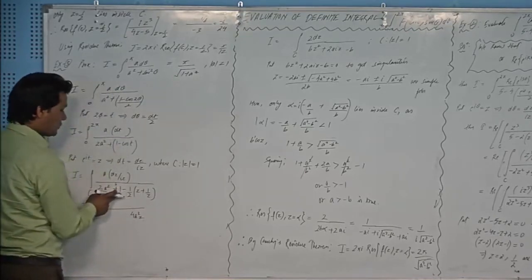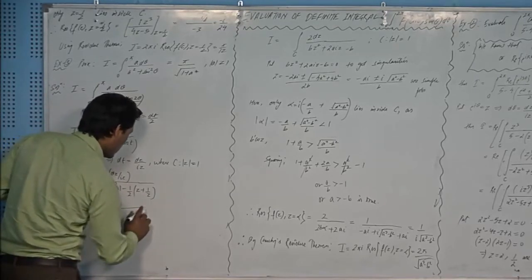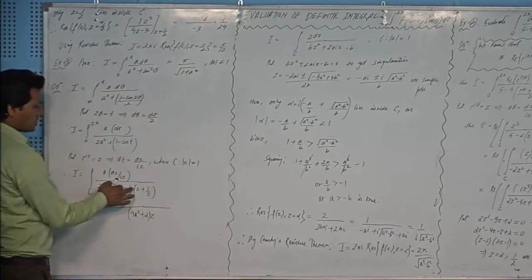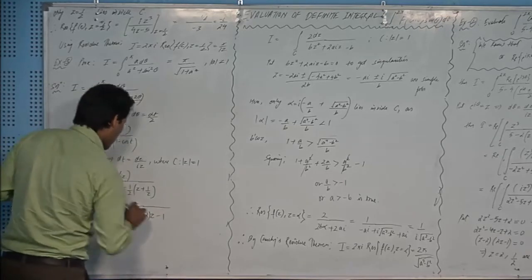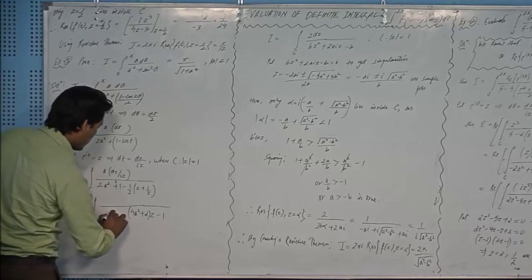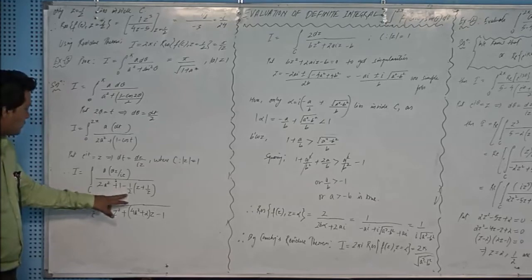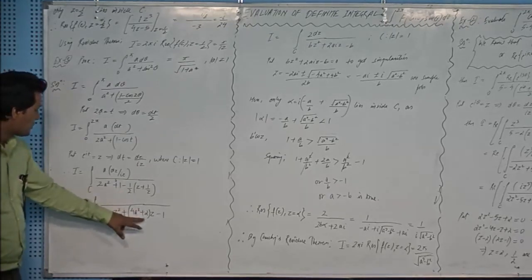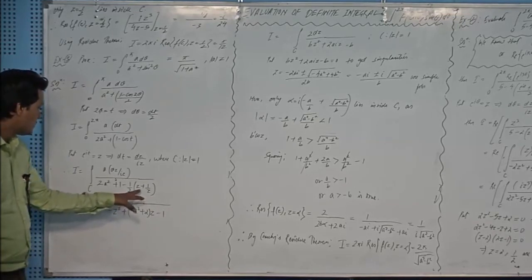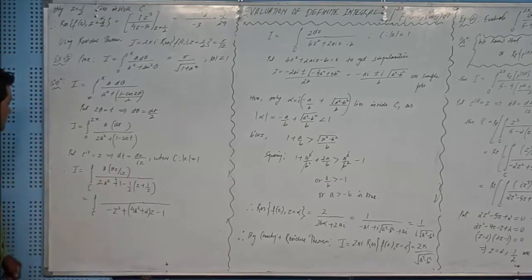This will become 2z, okay, 2z, and it will become 4a square plus 2z, and the constant term is minus 1, and where is the z square term? That will be minus z square, so be careful at this point. Okay, 2 times 2z times (2a square plus 1), that is fine, minus 1, and z square, yeah, z square, fine.